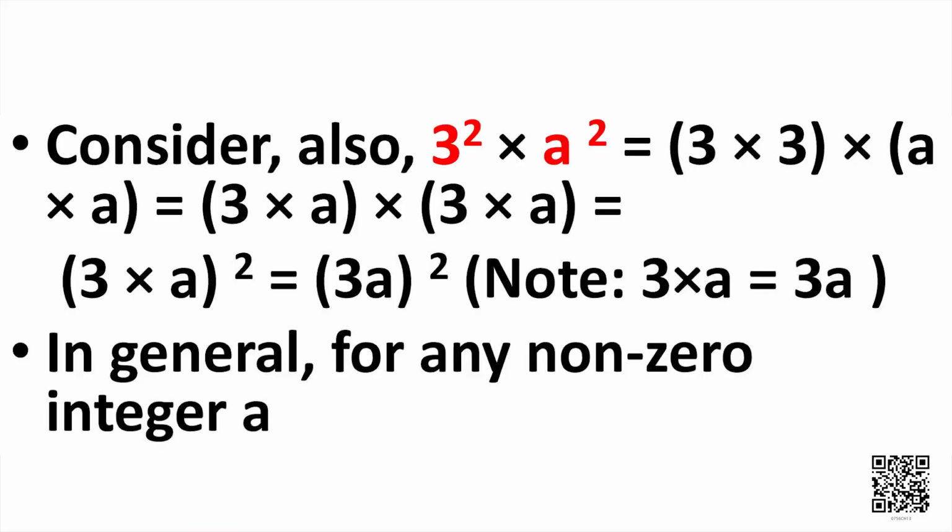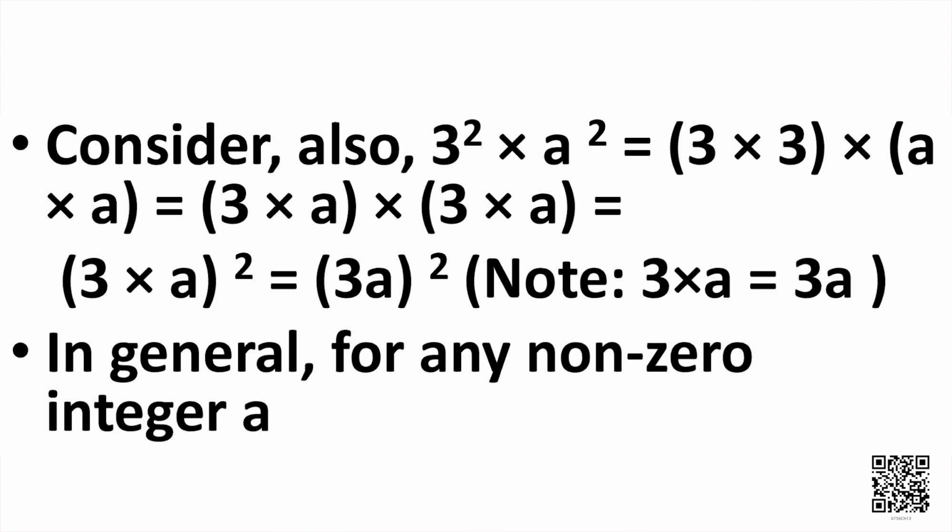Now also consider this question: 3 to the power 2 multiplied by a to the power 2, or 3 square multiplied by a square. This becomes 3 multiplied by 3, whole multiplied by a multiplied by a. So we can also write it as 3 multiplied by a, whole square, or (3a) to the power 2, because 3 multiplied by a is 3a.